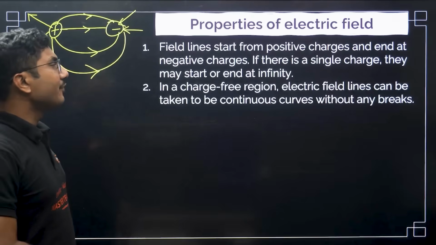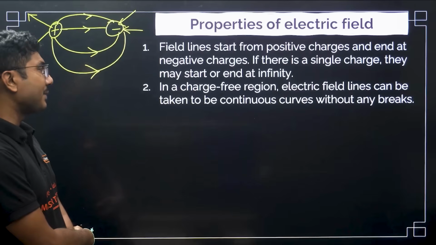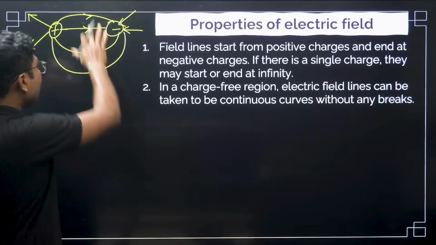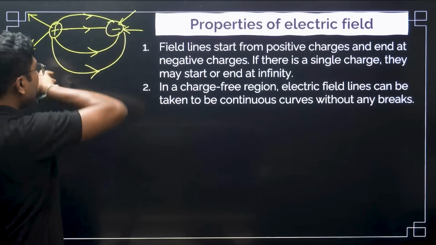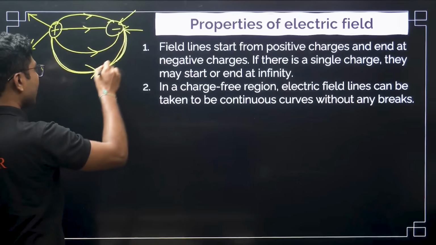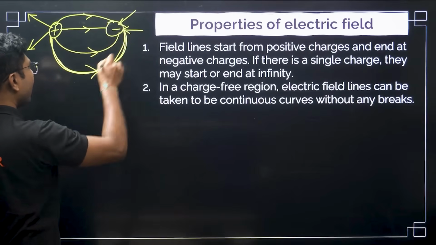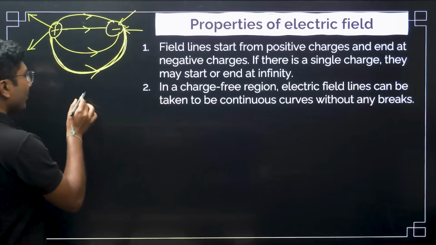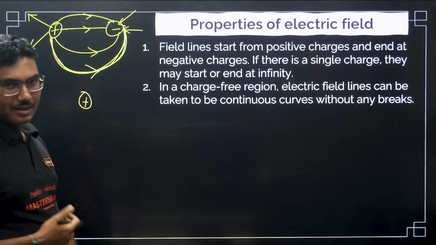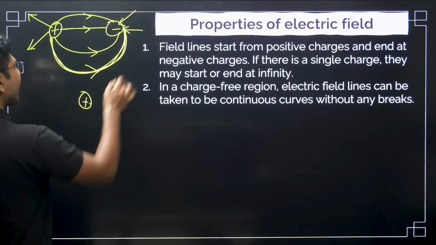In a charge-free region, electric field lines can be taken to be continuous curves without breaks. So if there are no other charges present, then from starting point to ending point, it is a continuous line. If you keep another third charge, then the electric field lines will have some break.